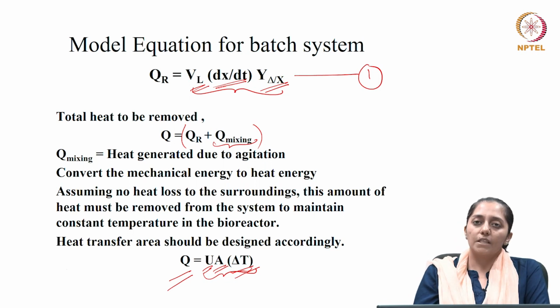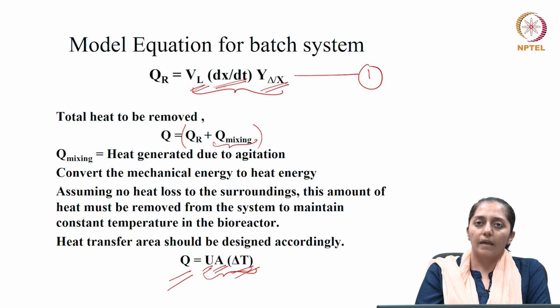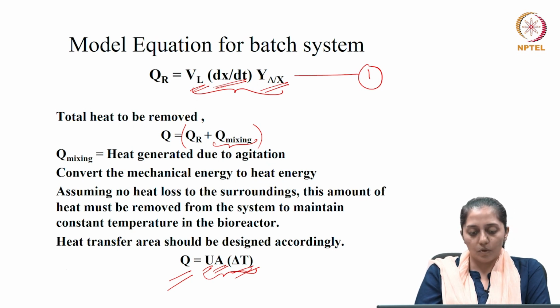Why overall heat transfer coefficient? I hope you can make out that there is convection and conduction through the wall of the fermenter, and then again heat transfer from the surface to the bulk of the coolant medium.